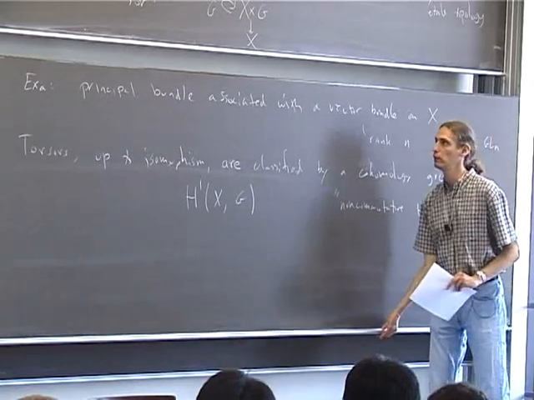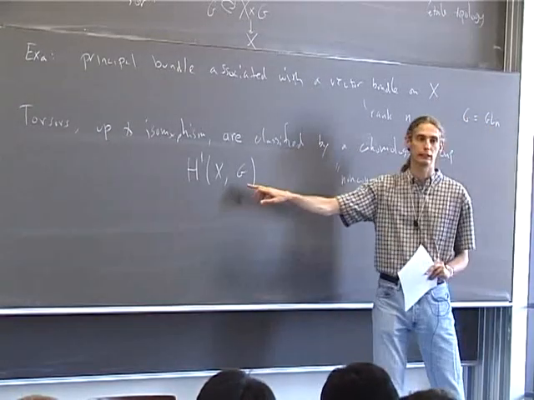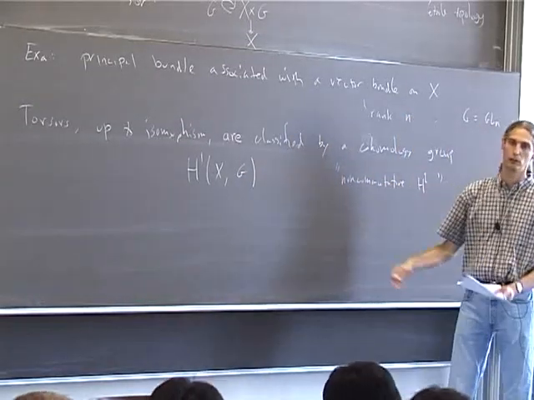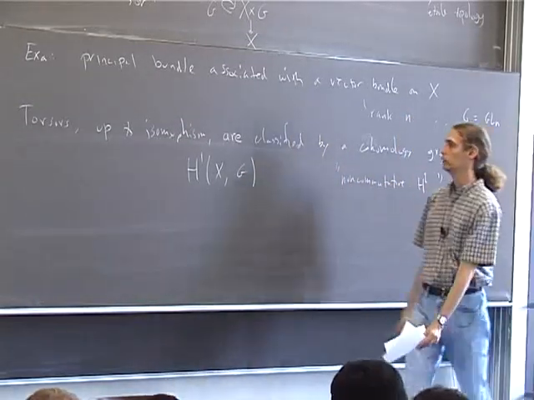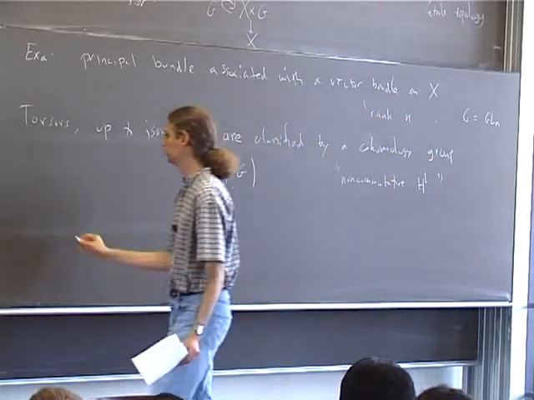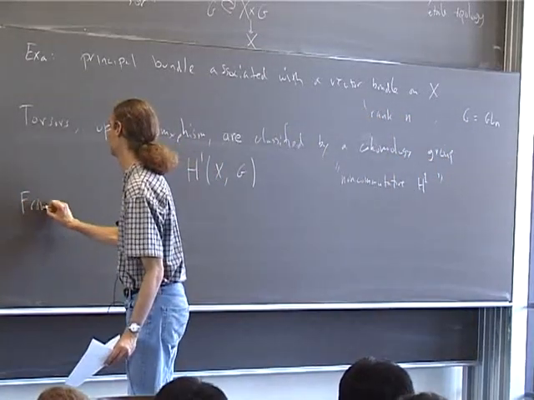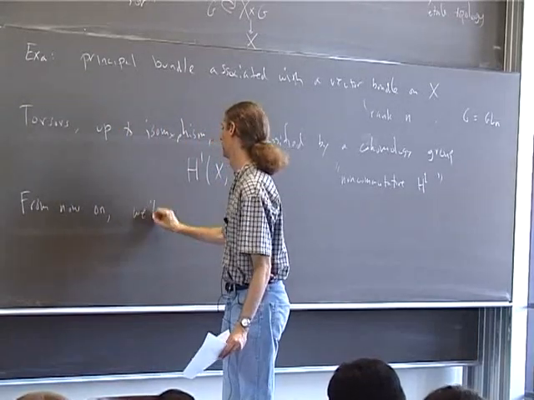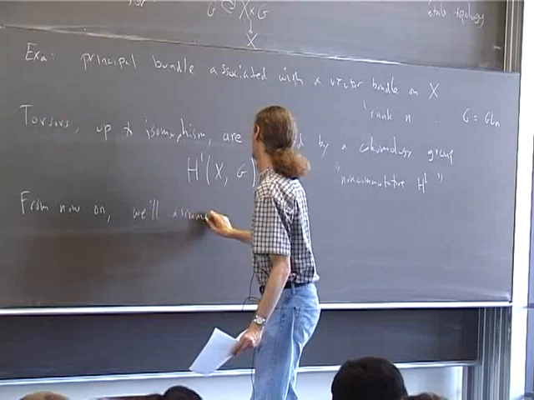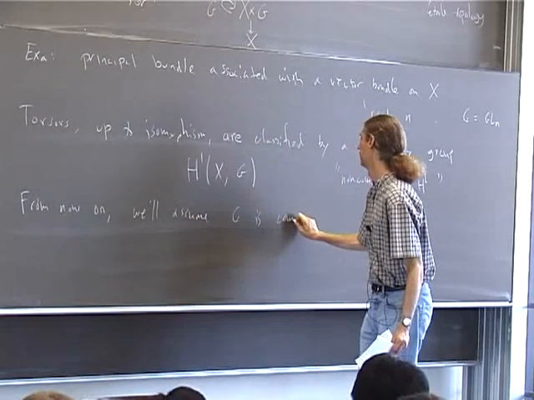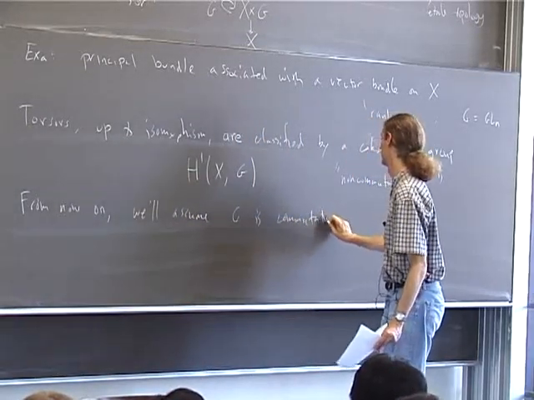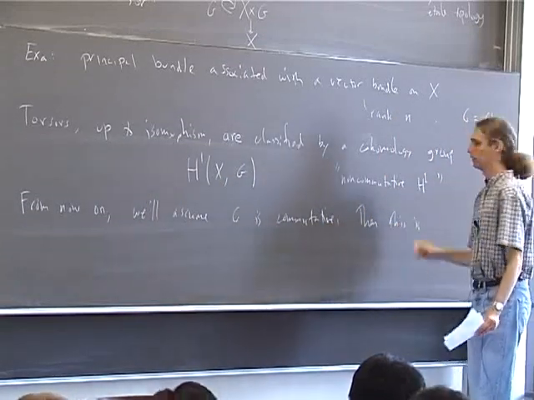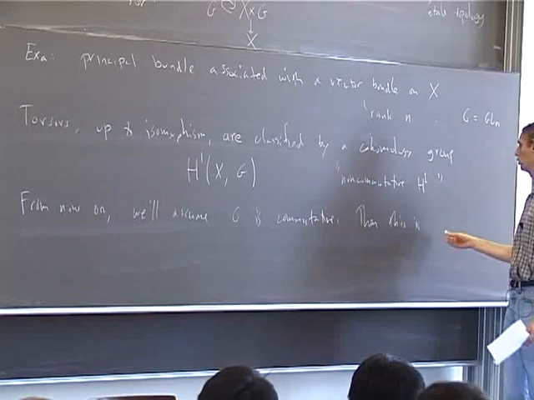So from now on, well, okay, when G is commutative, then this is just the usual cohomology. So let's assume from now on, then this is the étale cohomology group.